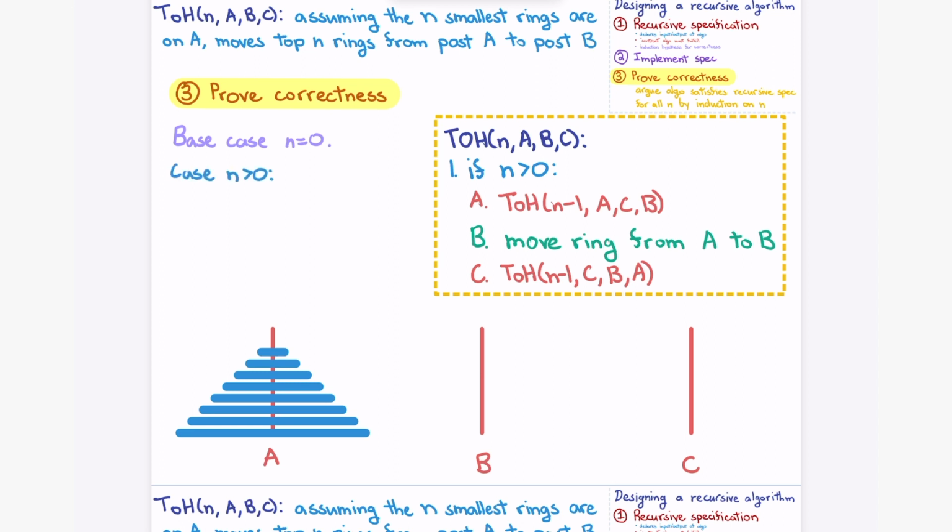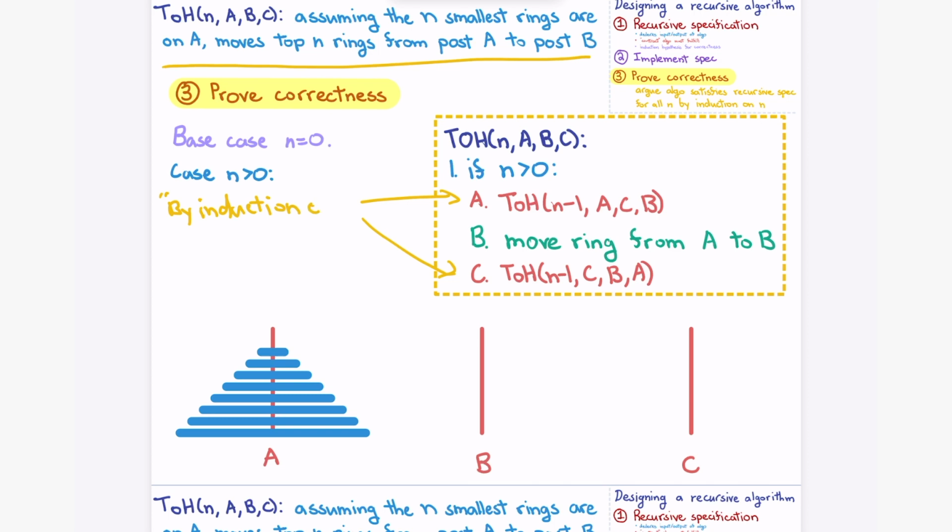So the more interesting case is, will it work for any arbitrary number of rings greater than 0? And you would say something like, the wording would be, by induction on n. So your recursive spec becomes your inductive hypothesis.